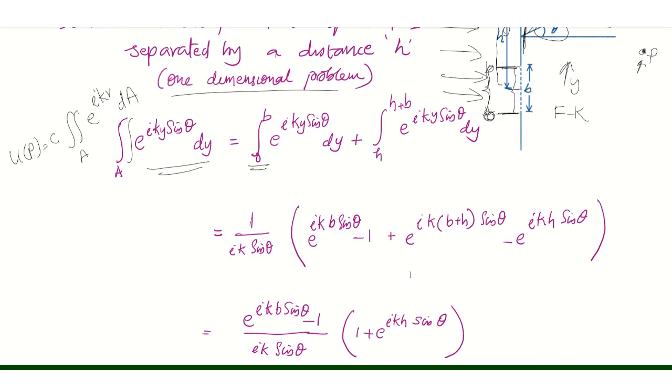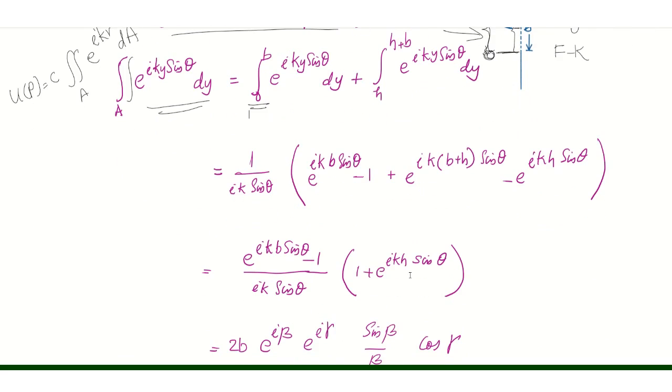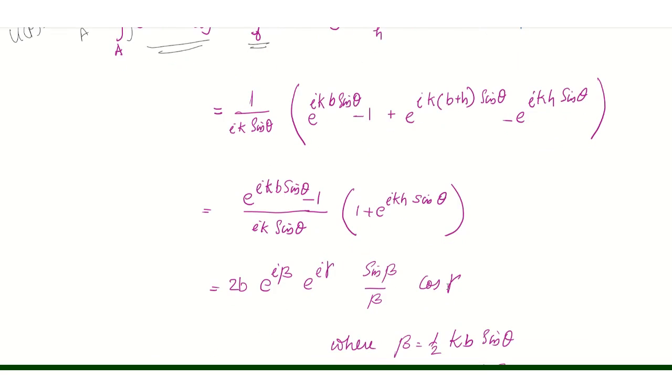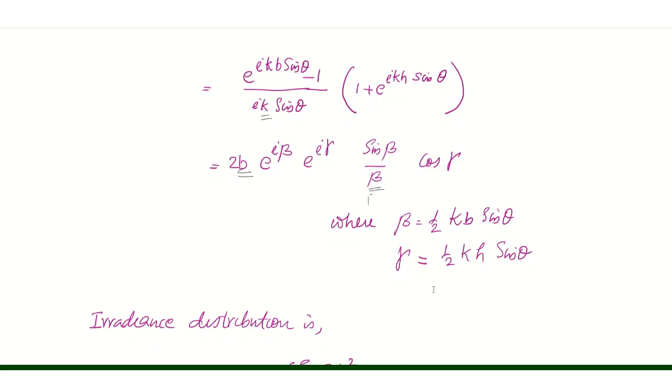It is exactly the same as what we did in the last class for a single slit aperture. If you do the simplification, you get an extra b, because we wanted to take beta as half k b sine theta, since you are missing one b, and therefore we use sine beta over beta, and e to the power i gamma, because we have again defined two values.